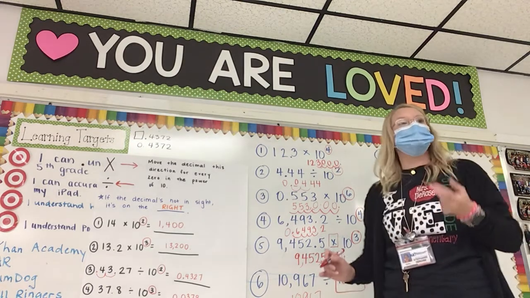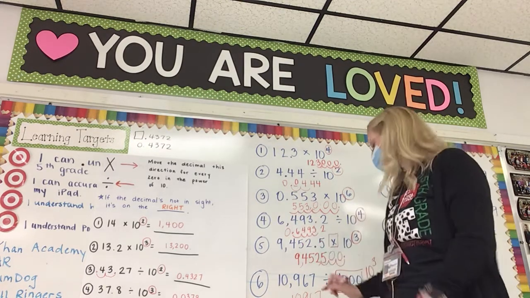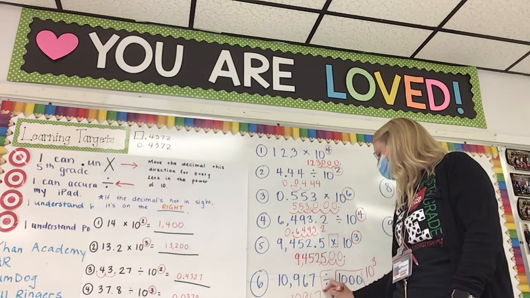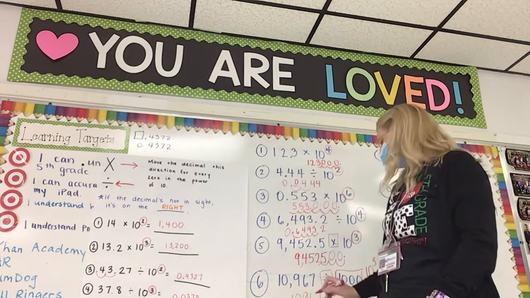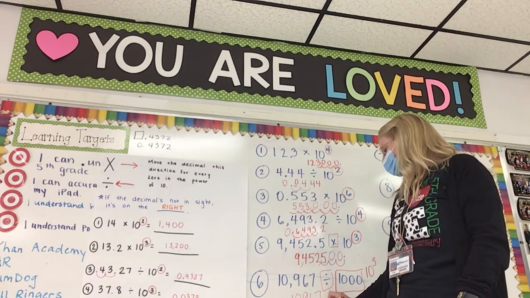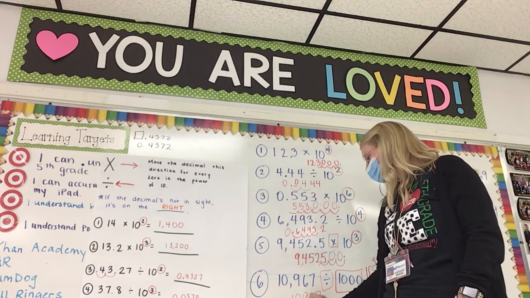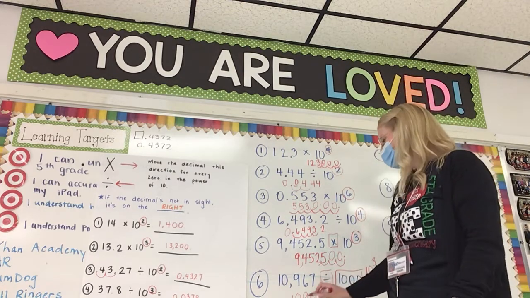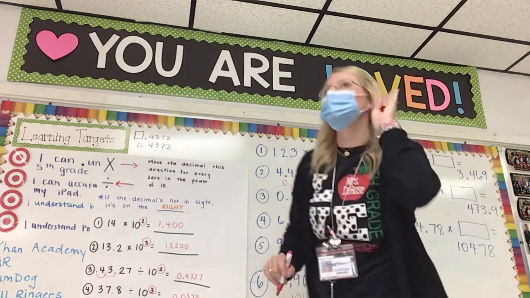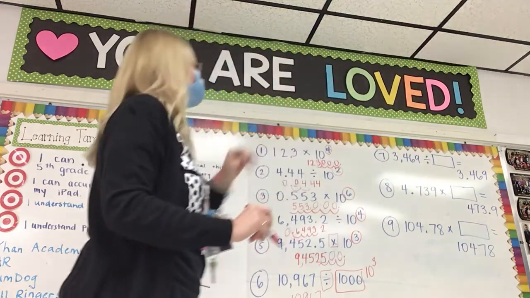My decimal's not in sight, so it's on the right. I'm dividing, so that means my decimal point is moving to the left. How many times? 3. 1, 2, 3. There's my new answer: 10 and 967 thousandths.